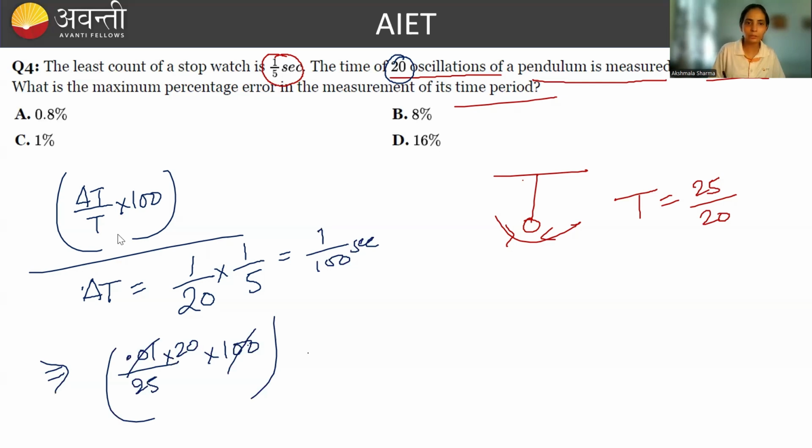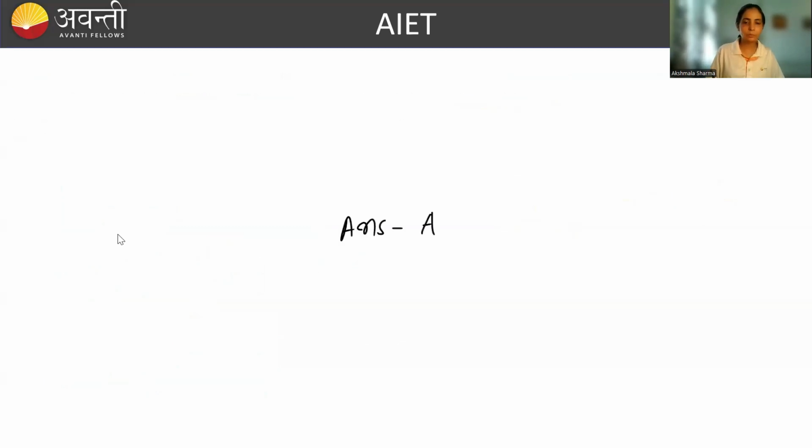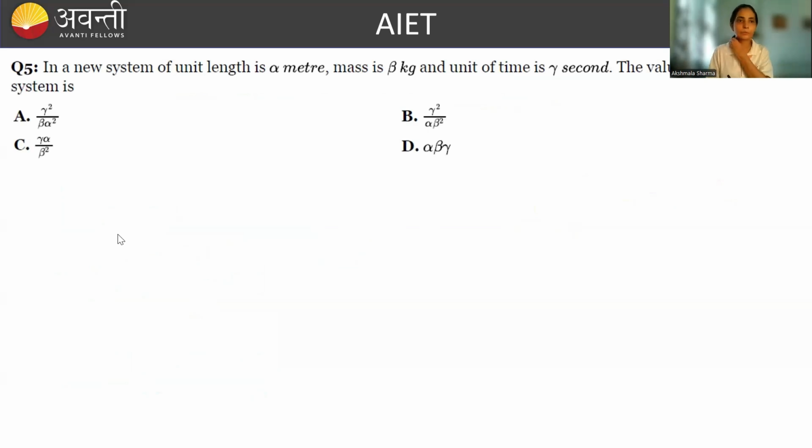It will be equal to 0.8%, because 200 by 25 is 8, and since it is 20, it will be 0.8. So 0.8% is the answer. Okay? So the correct answer will be 8. Now let's move on to the next question.